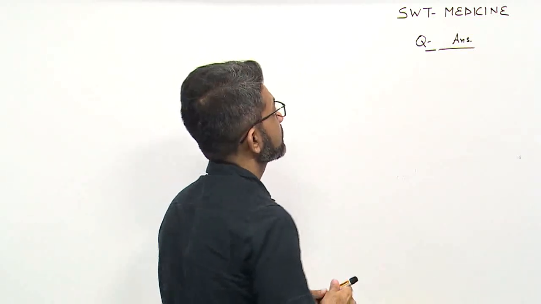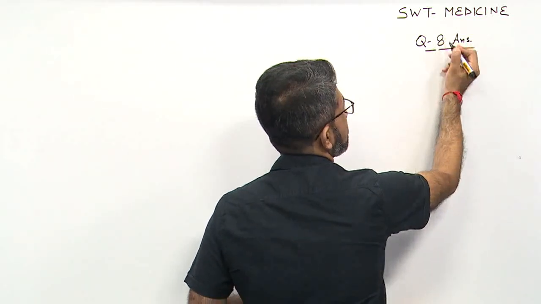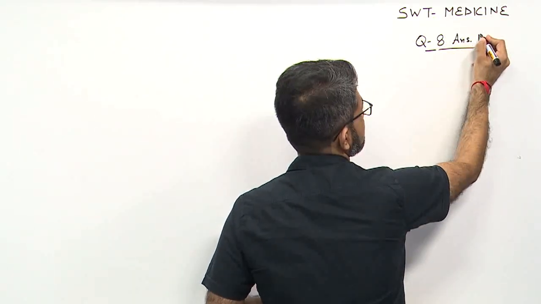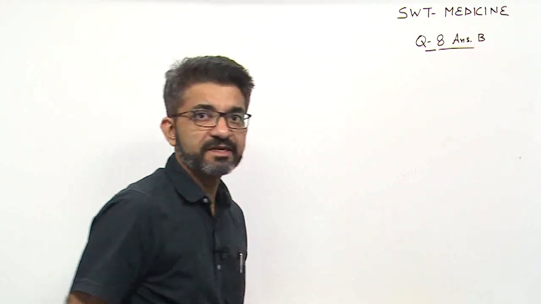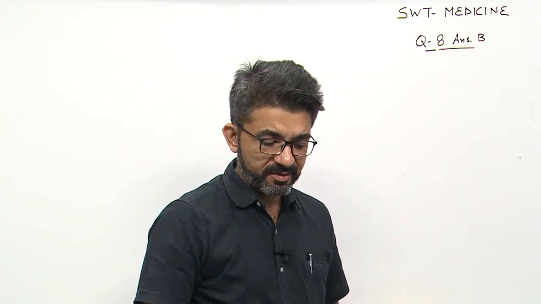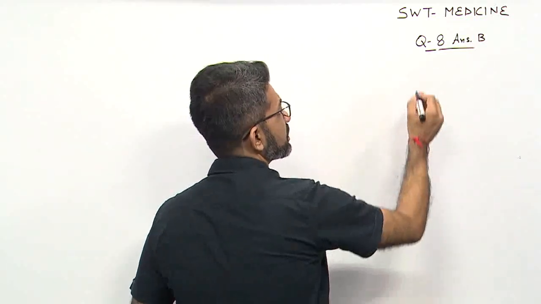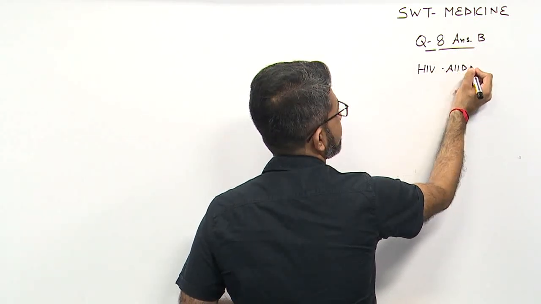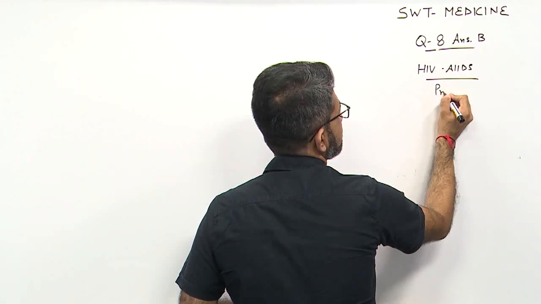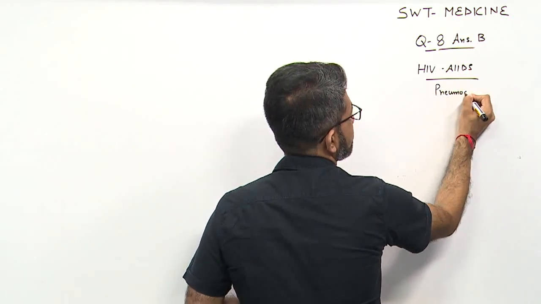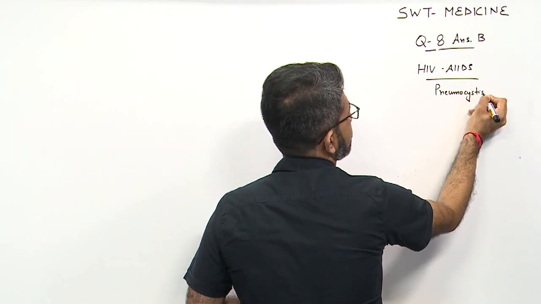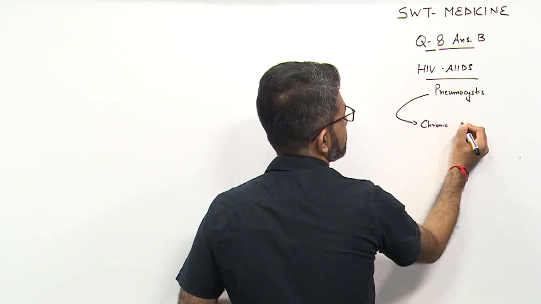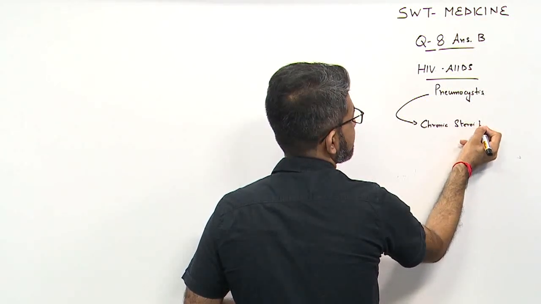Question number 8. Answer is B, Pneumocystis carinii or jirovecii. Remember, it is not only HIV or AIDS where you can have pneumocystis. You can have pneumocystis in chronic steroid intake state.